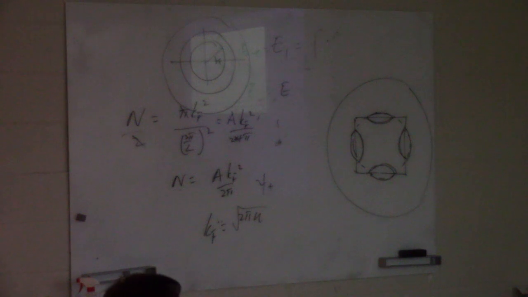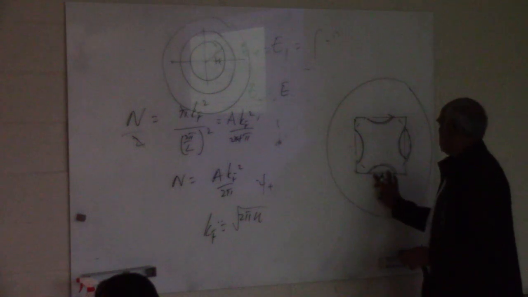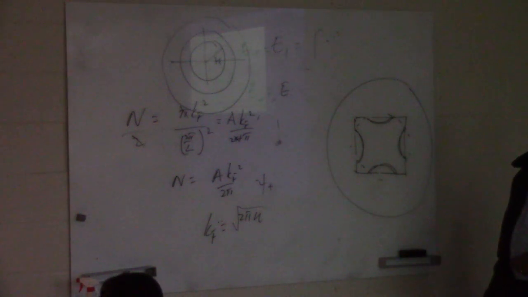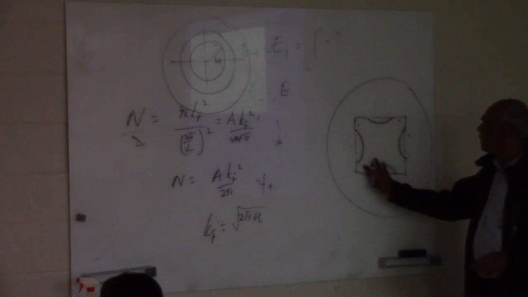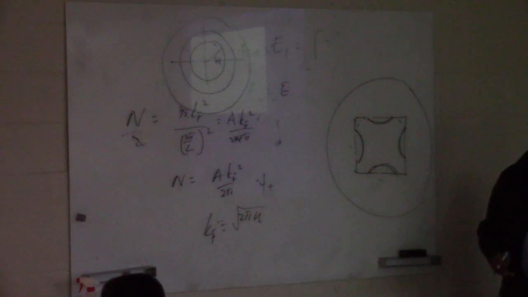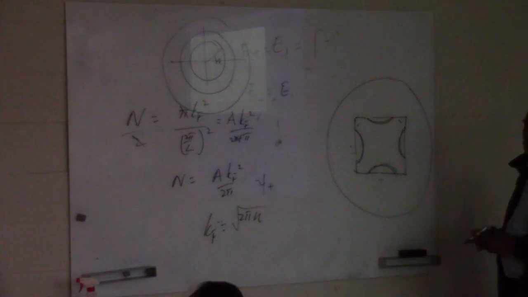So especially in the divalent case, this is how it will look in this reduced zone scheme, right? But this is without any periodic potential. When you have the periodic potential, this becomes slightly distorted.